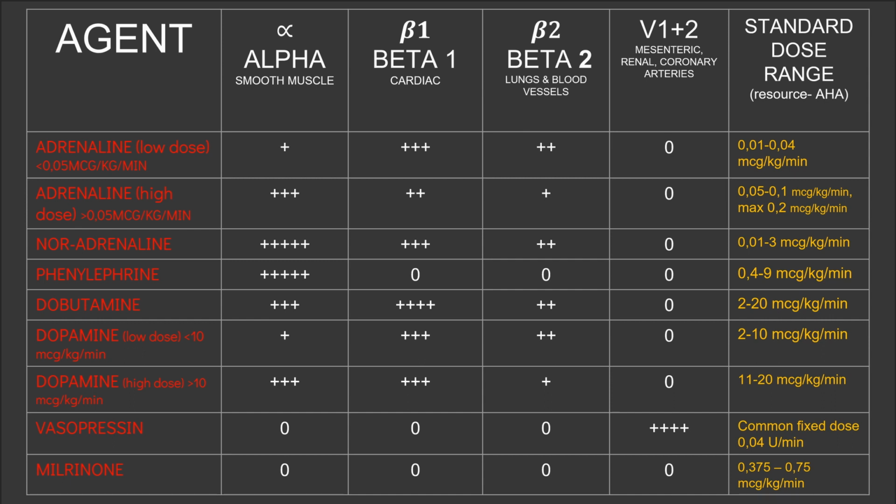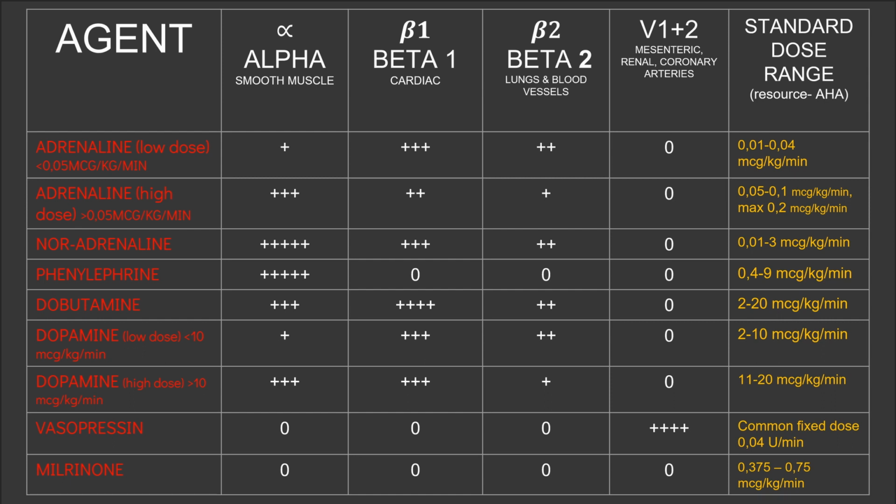And then it will become like a pressor. But at this low dose, you can see that its highest affinity is for B1 or beta 1, which is in our cardiac cells, and that will increase our inotropy or contractility, making this an inotrope predominantly. So at low dose, we can say adrenaline is an inotrope.